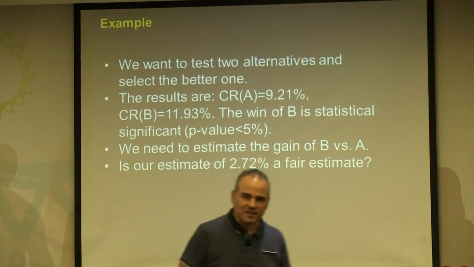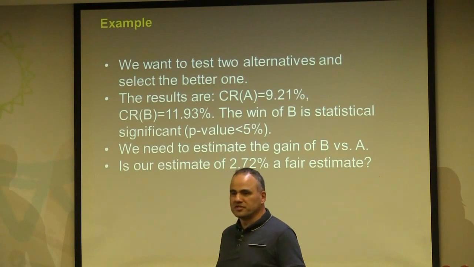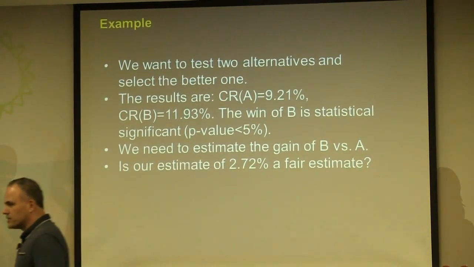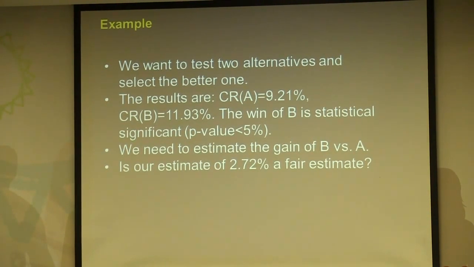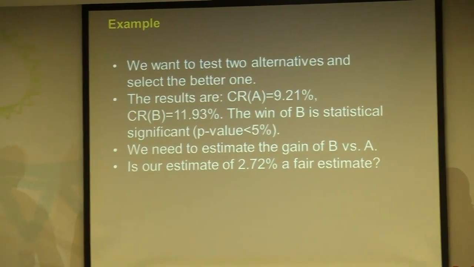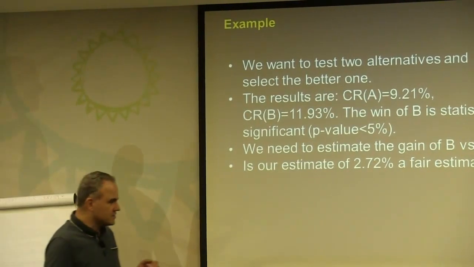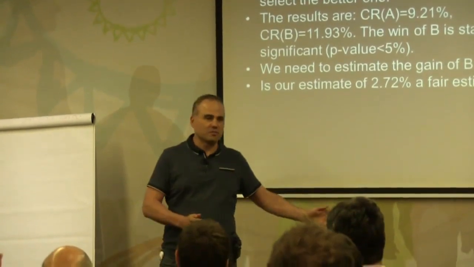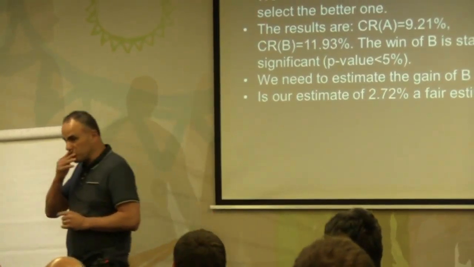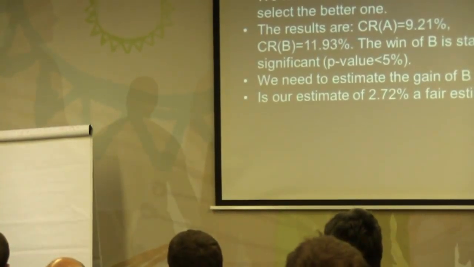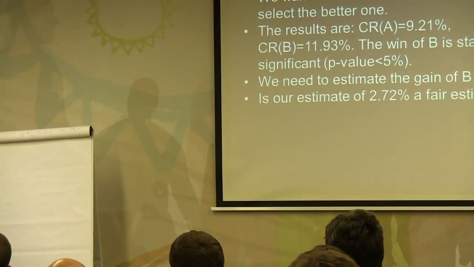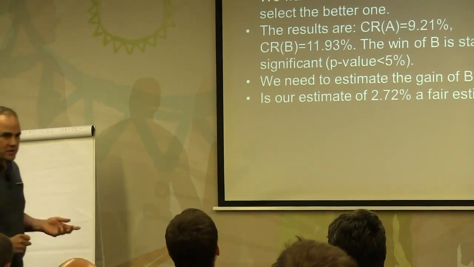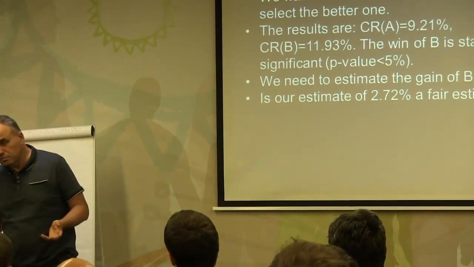Why is that happening? What did we lose here? The test is valid, everything is equal. So what happened here? I prefer the term selection bias, and I will explain why, but nevertheless it's the same issue. When we ran the test, there were two possible results. It could be either B would win or A would win. Agree? Both are possible.